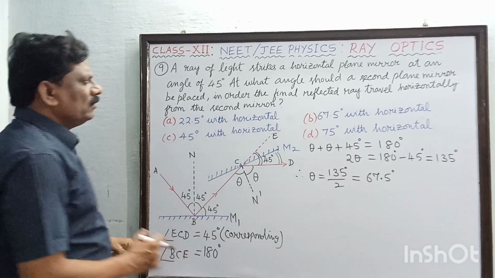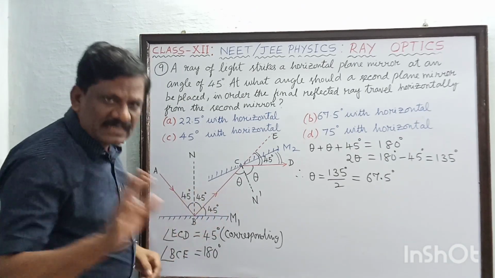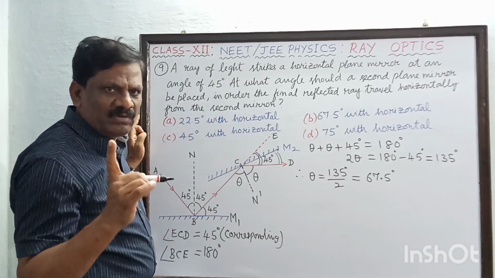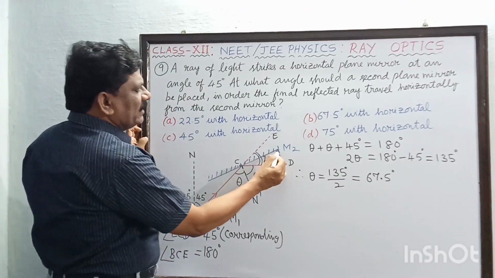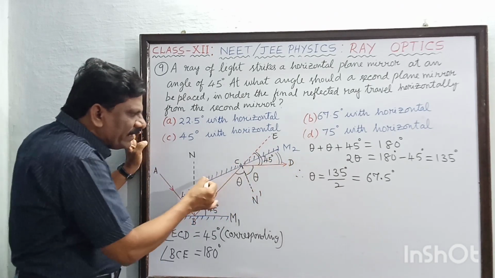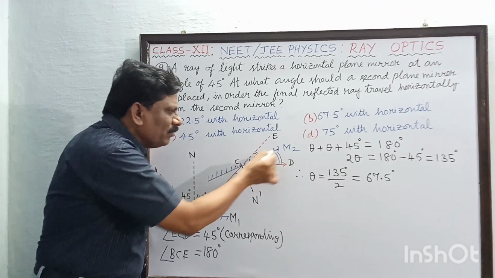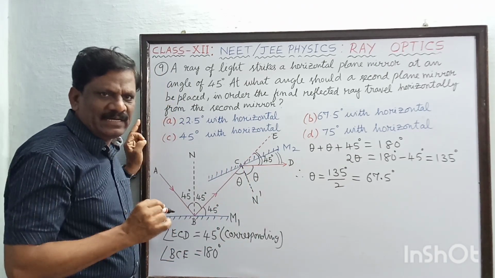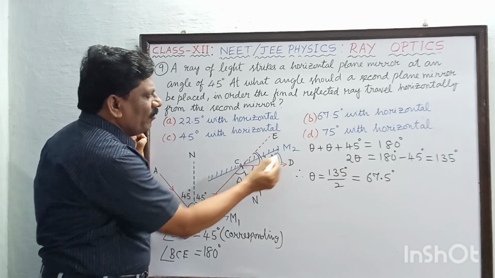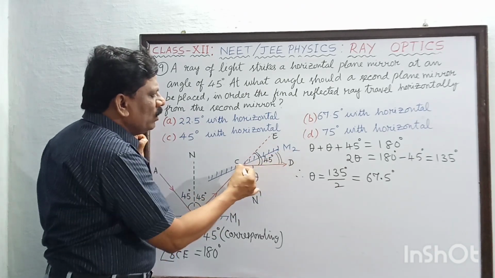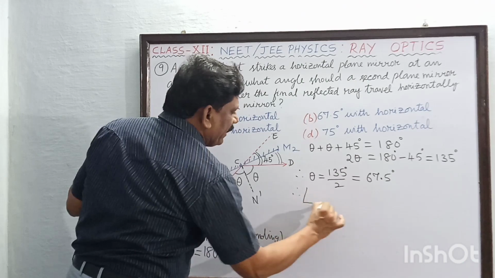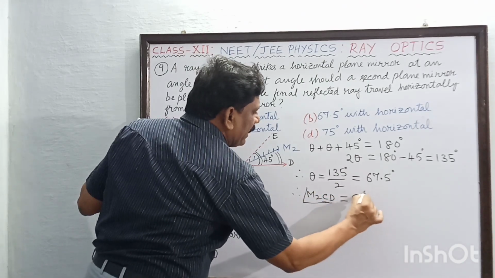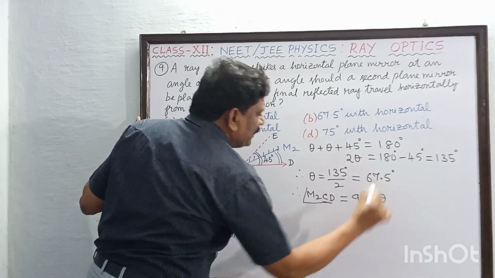Now look at the picture once again. We want to get the angle M2CD. M2CD only we have to find out. The angle between the plane mirror M2 and the normal CN dash is equal to how much? 90 degrees. Normal means 90 degrees. Therefore angle M2CD must be equal to 90 minus theta.